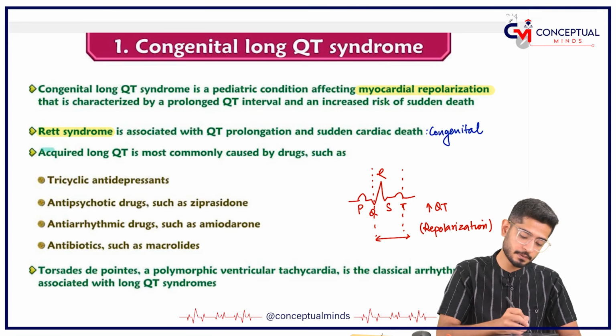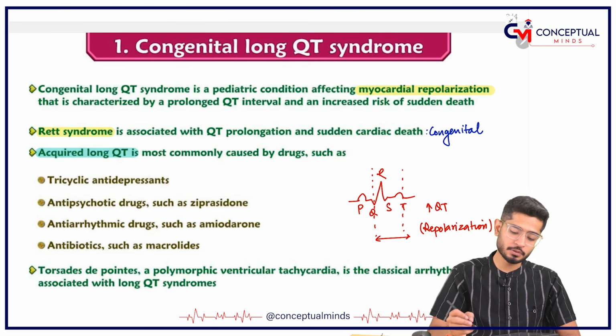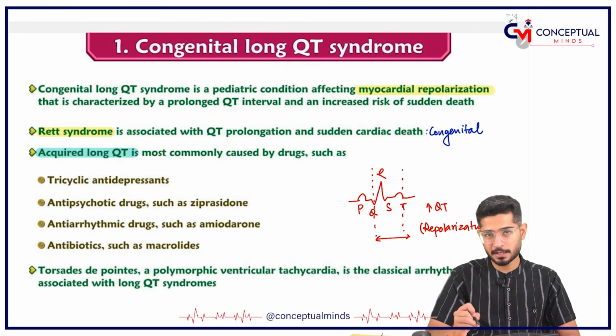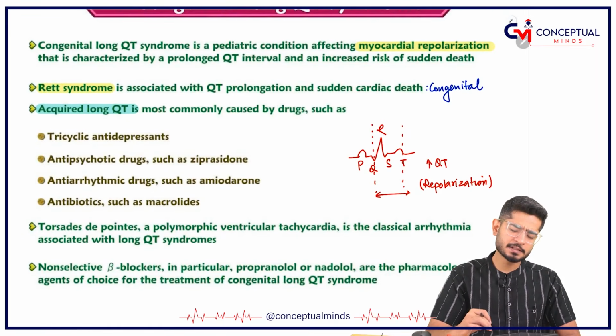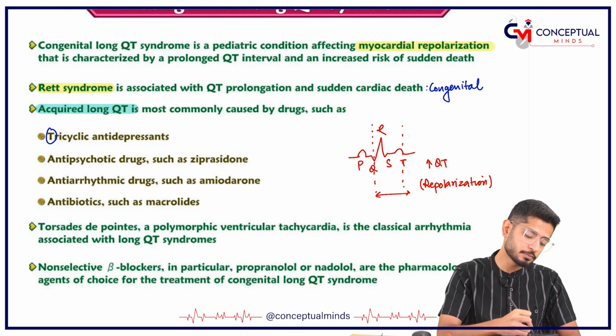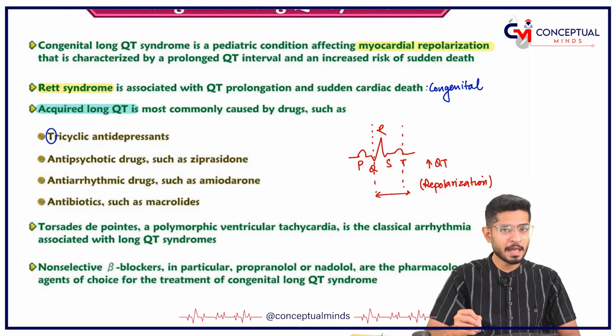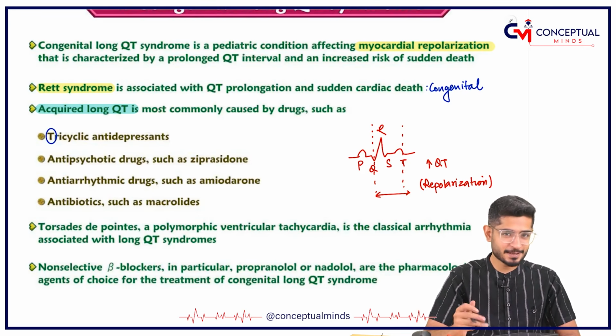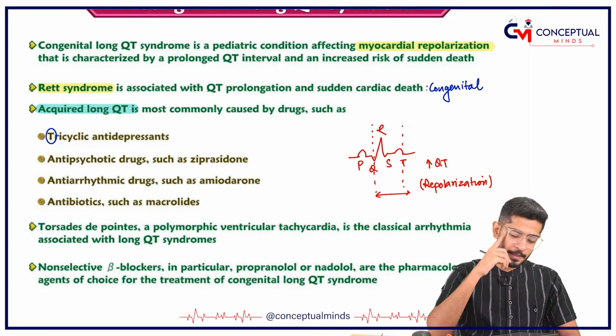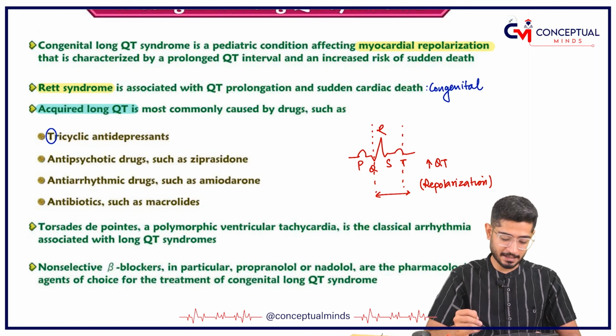Whereas the acquired causes of long QT interval are generally drugs. This has been asked n number of times: which of the following causes increase in QT interval? One is tricyclic antidepressants, and antidepressants and antipsychotics belong to the same chapter in pharmacology.